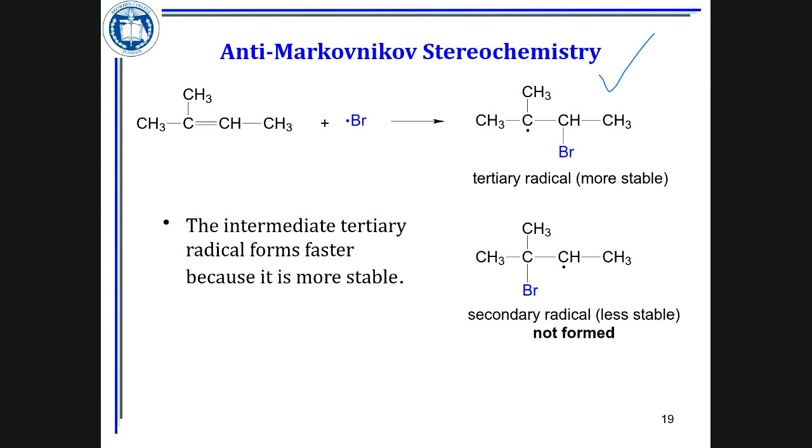Br has been added to the carbon with the greater number of hydrogens, but it follows the extended Markovnikov rule because it generates the more stable intermediate. The product is the anti-Markovnikov product. Because this one is least stable, it is not going to form.